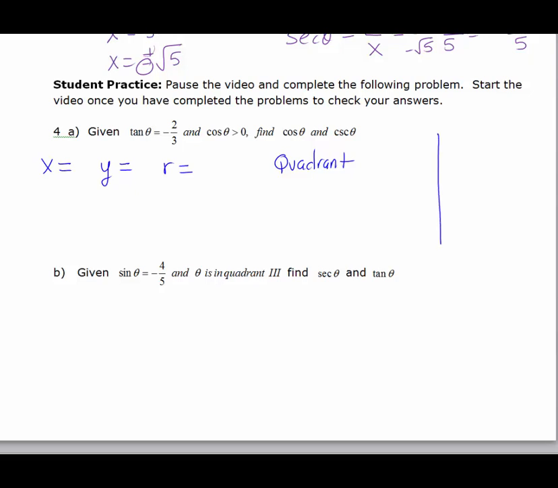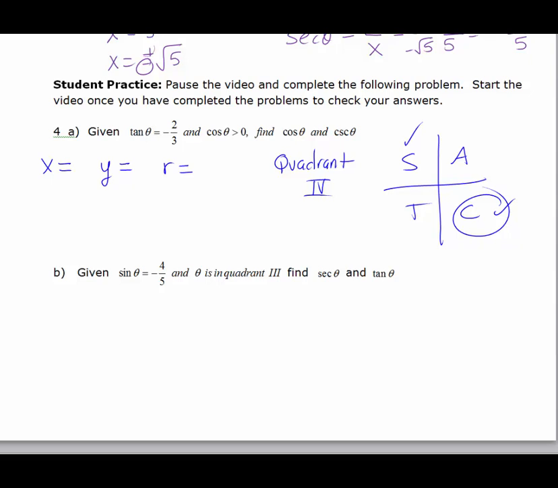So I start by writing all students take calculus. I know that the tangent is negative, which would put me in the second and the fourth quadrants, and of those two quadrants, cosine is positive in the fourth quadrant. So now that would help me determine the signs of my x's, my y's, and my r's.